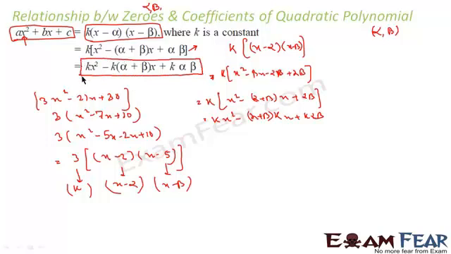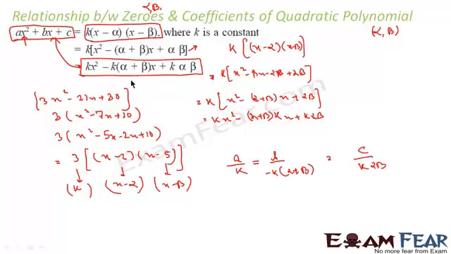Now you see that this equation and this equation are the same, both are same, right? Because the same equation I have made like this. So since both are same, I can say that a by k, the ratio of the coefficient of x square, by minus k into alpha plus beta, the coefficient of x, is equal to c by k alpha beta. Correct?